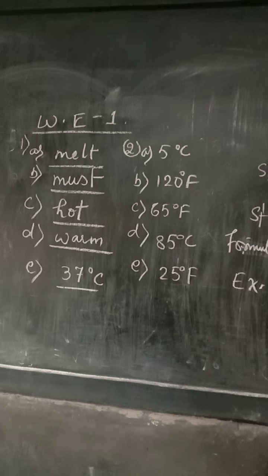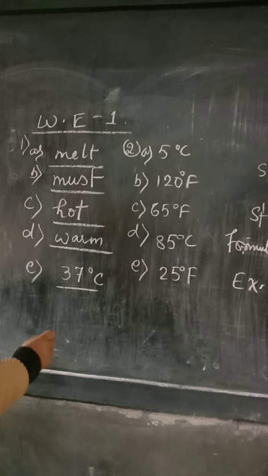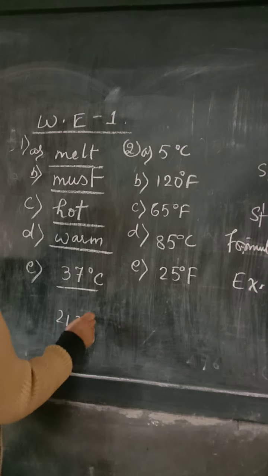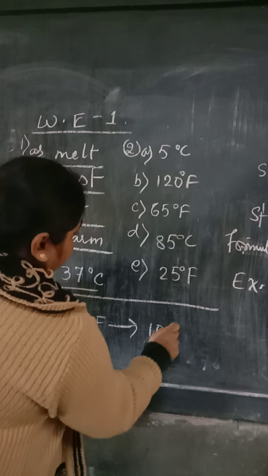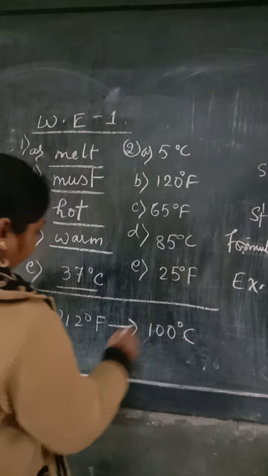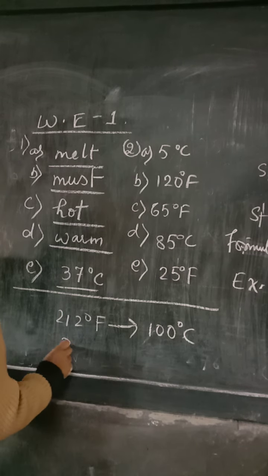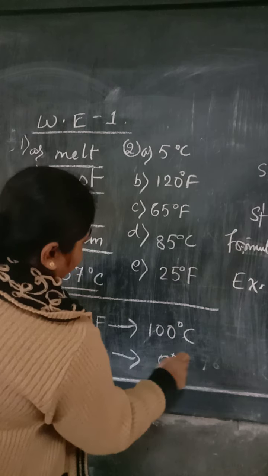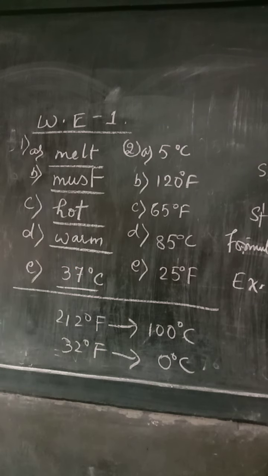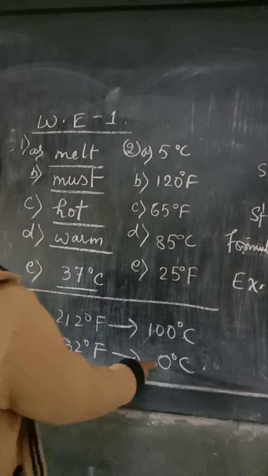See, as I have told you, 212 degrees Fahrenheit is equal to 100 degrees centigrade. This is the boiling point of water, and 32 degrees Fahrenheit is equal to 0 degrees centigrade. This is the freezing point of water. At this level, water freezes.